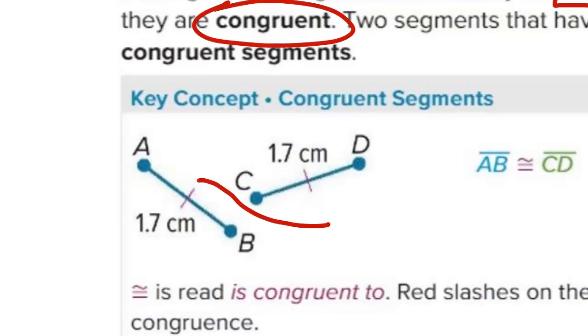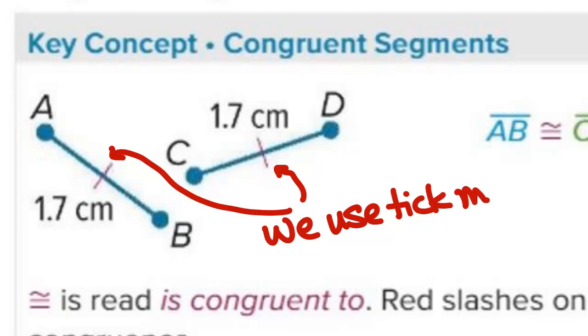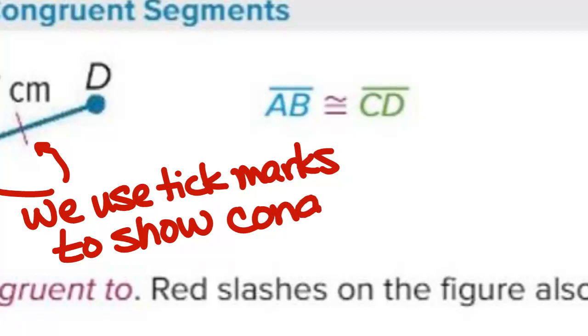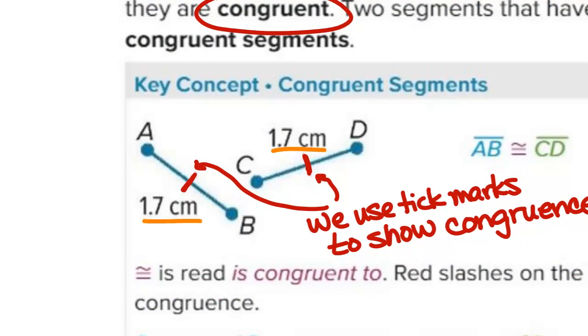We use these little tick marks here to show congruence. Notice they have one tick mark here and one tick mark here, and then they're showing that they are both 1.7 centimeters. They're the same exact size.